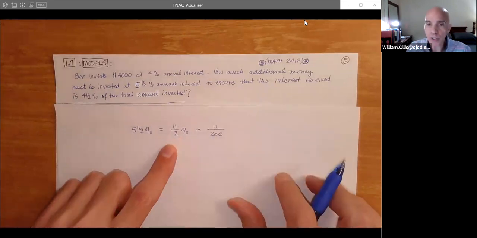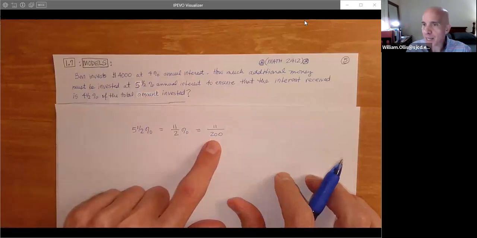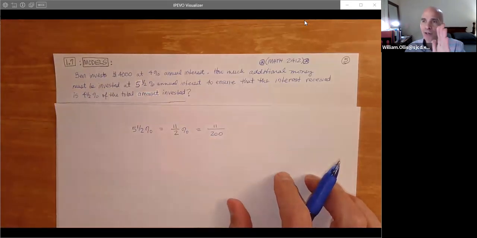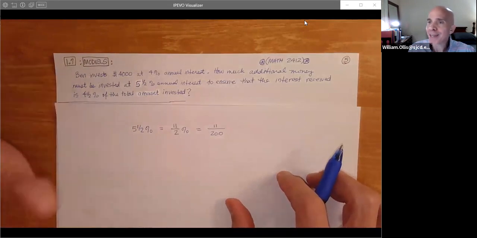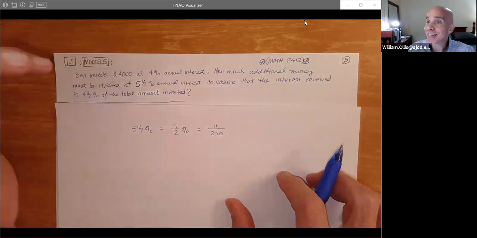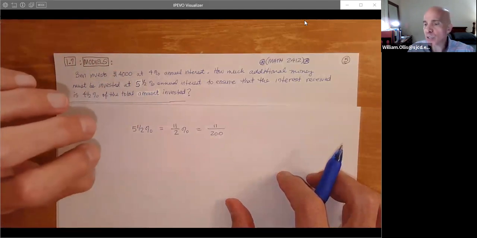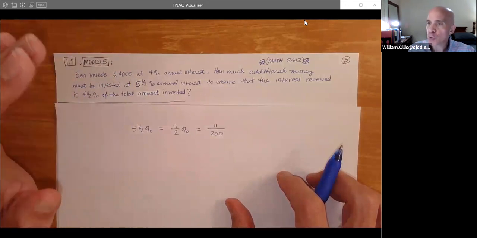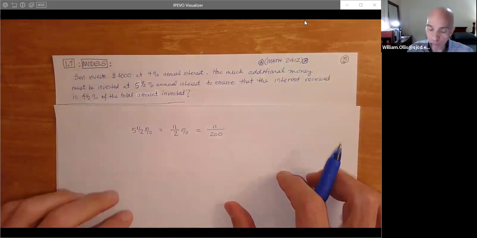So what I want you to do is to write all these percentages with the same denominator, so to speak, and then clear your fractions like we've done several times today, and then create an equation that's easy to work with. What I want to try to help train you to do in this class is to rethink how you solve equations in a way that makes you more efficient.